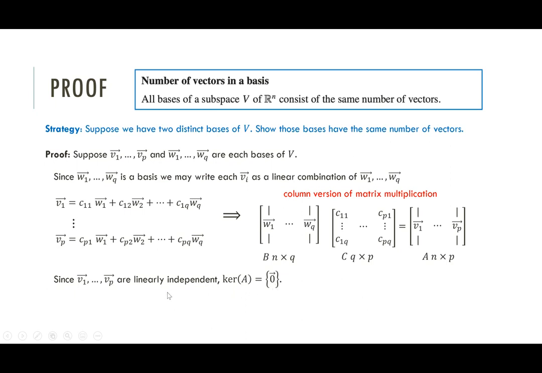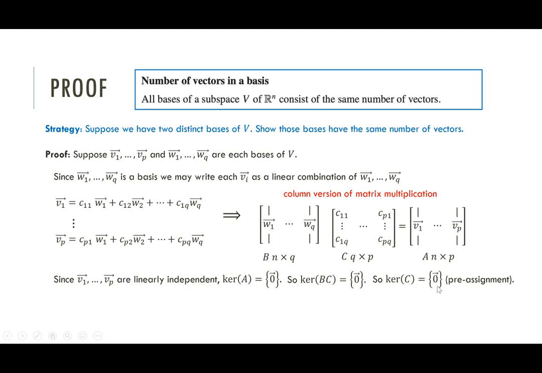This pretty much follows from the concept of linear independence. So the kernel of this matrix is 0. But notice that this matrix is just equal to B times C. So that means the kernel of B times C equals 0. But this actually implies that the kernel of C by itself equals 0.